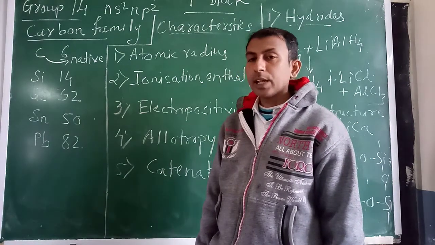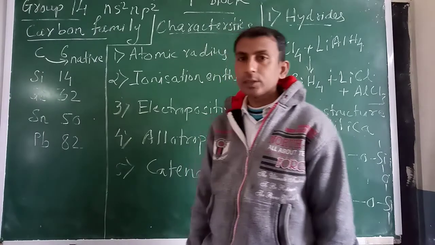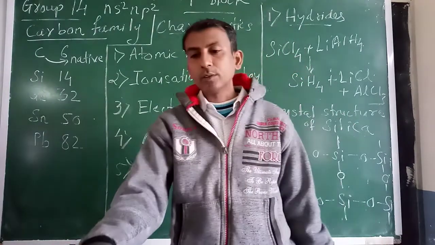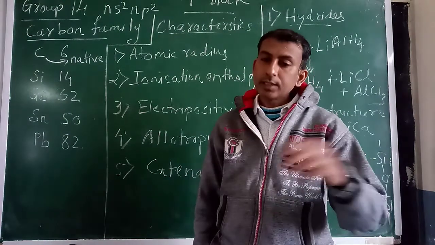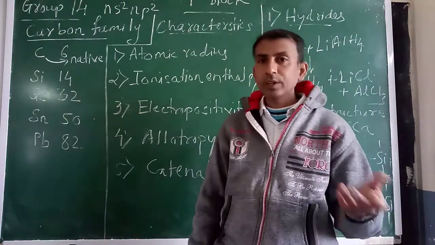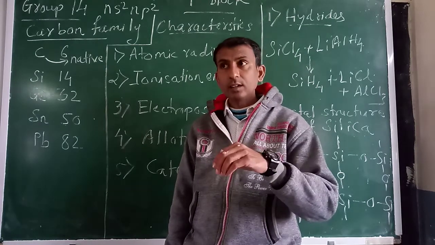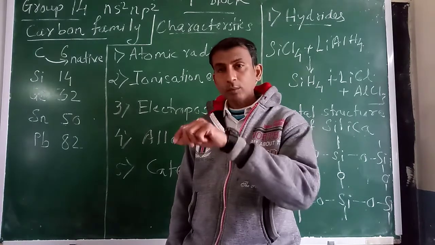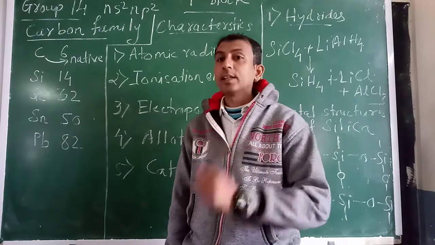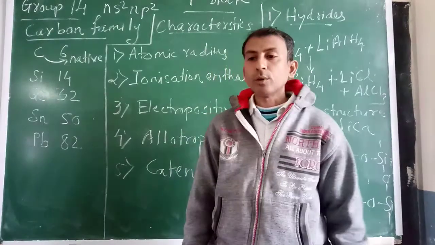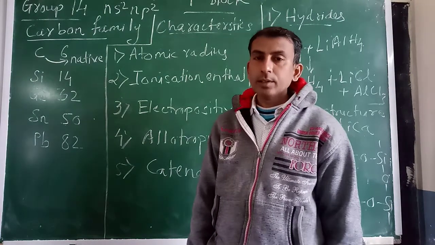You have to write and study the reactions. The theoretical part you can just read out, it's not that difficult. Similarly, some important compounds of silicon, like silica, you follow the same pattern. This will wind up our chapter.